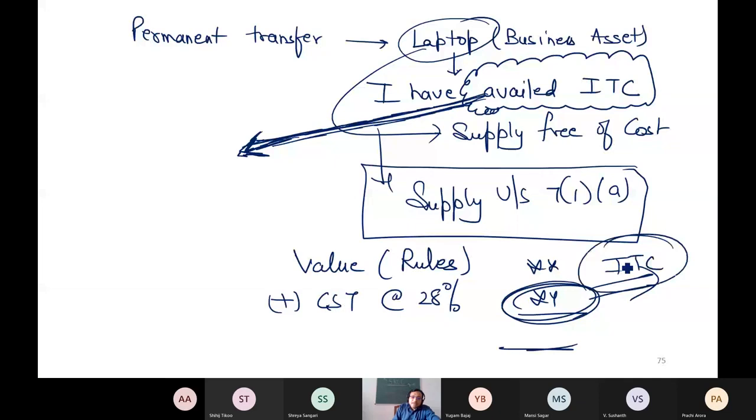So when you donate something as a businessman, do not forget that you are not only donating your laptop, you have to donate tax also indirectly to the government of India. So government says if you donate something, then don't donate only to that organization. We also need donation in the form of tax. You have to treat it as supply.